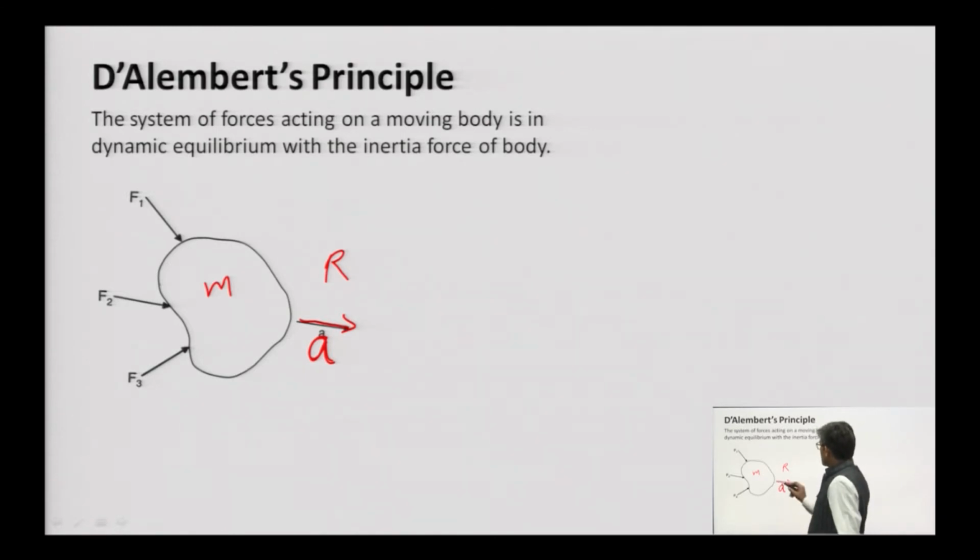So, this body will be in motion due to the value of that resultant force. And the force causing this motion is m into a. Force causing motion is m into a, right.